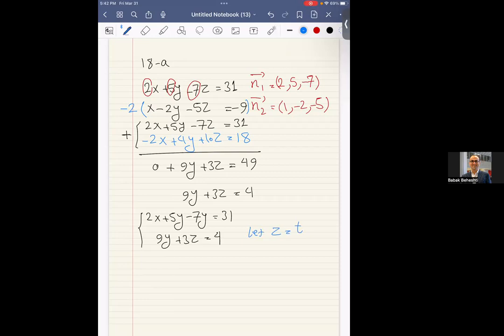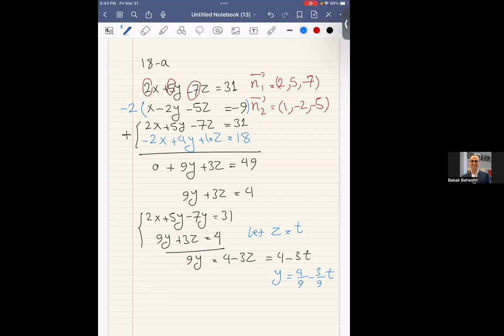If z is equal to t, then from the second equation, I get 9y equal to 49 minus 3z, equal to 49 minus 3t. So that means y equals 49 over 9 minus 3 over 9 times t.